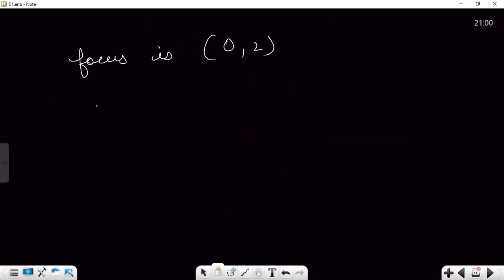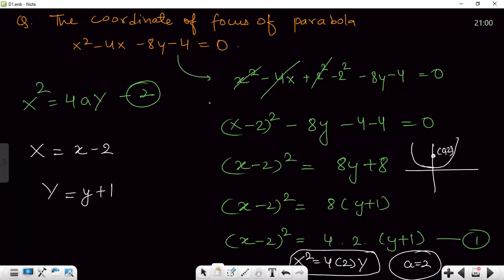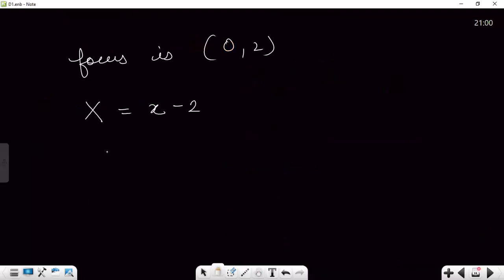But as we know, capital X is equal to x minus 2 and capital Y is equal to small y plus 1. This time capital X is 0.